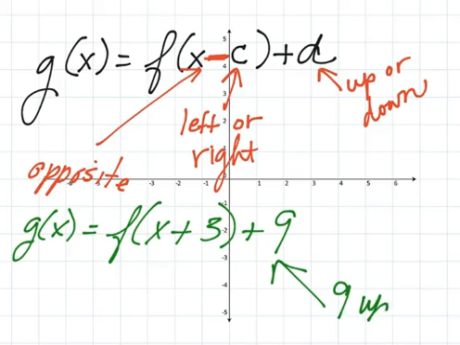Up 3, and what's the key here? Well, my brain's telling me plus 3, that must mean right 3, but it's opposite, so it's left 3. All right, take a stab. I need you to try to get through all the very basic ones that I gave you on your handout so that we can get all the way to the really good stuff.